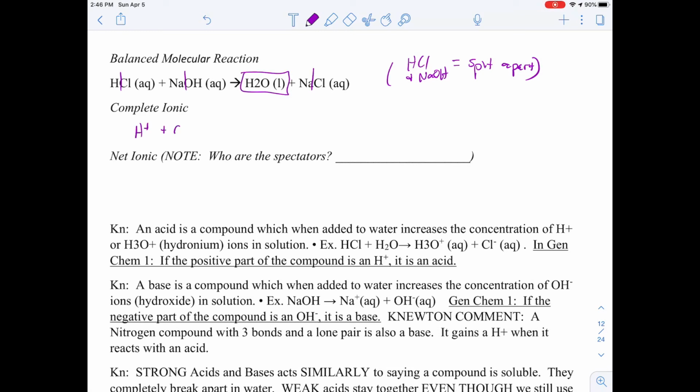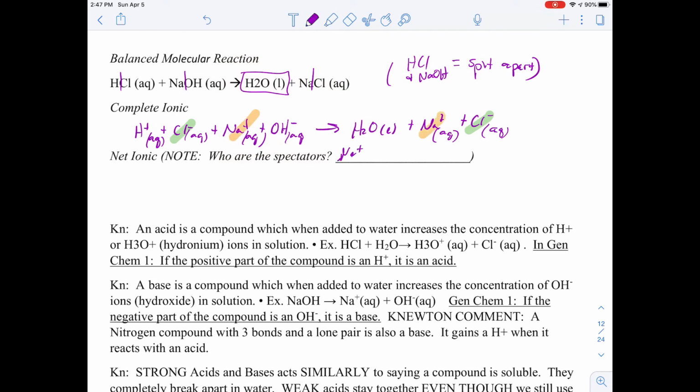H+ Cl- plus Na+ OH- goes to H2O liquid plus Na+ Cl-. Cl and Cl cancels. And Na, it's Na+ and Cl-. So we have H+ (aq) plus OH- (aq) goes to H2O liquid.